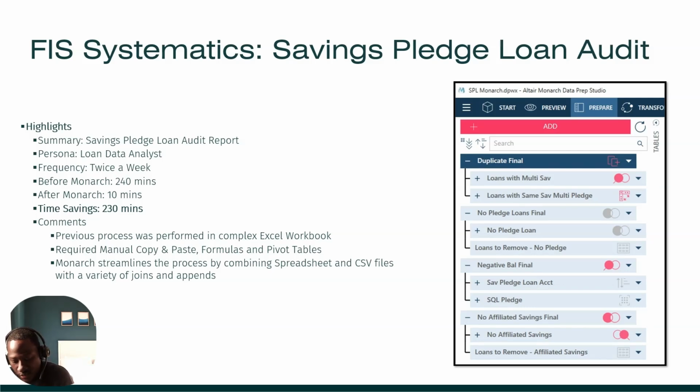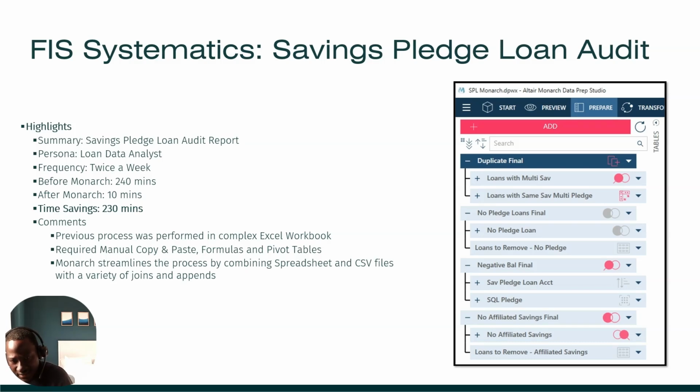But this is a process where an analyst, a loan data analyst, was tasked with performing an audit on savings accounts that had an overdrawn balance. You know how a savings account can be overdrawn, kind of like a loan.